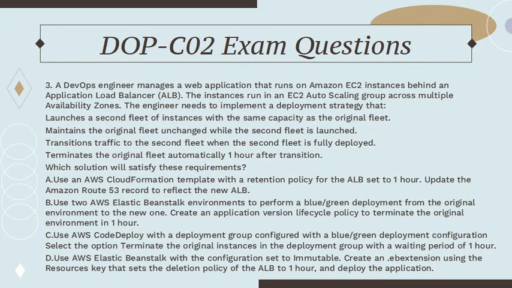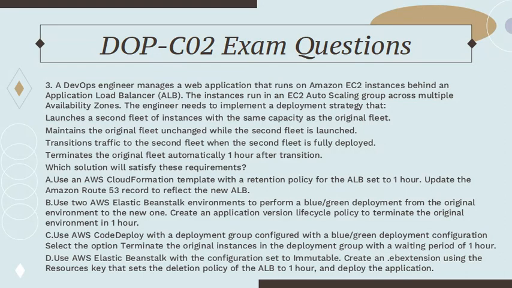The engineer needs to implement a deployment strategy that launches a second fleet of instances with the same capacity as the original fleet, maintains the original fleet unchanged while the second fleet is launched, transitions traffic to the second fleet when the second fleet is fully deployed, and terminates the original fleet automatically 1 hour after transition. Which solution will satisfy these requirements?